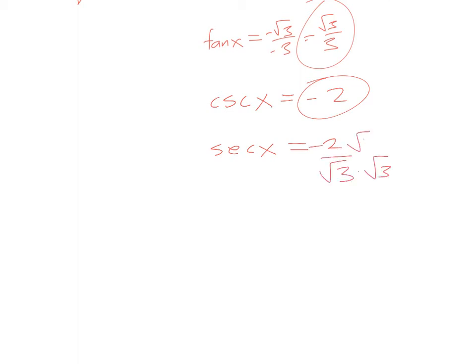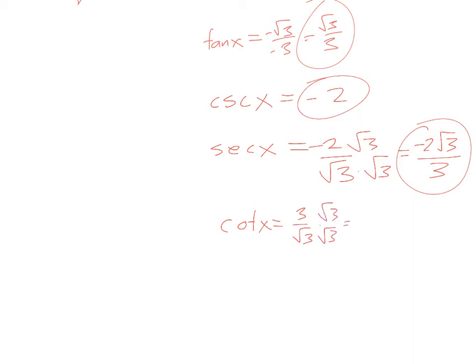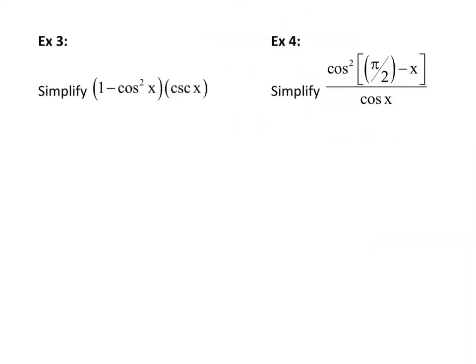So multiply top and bottom. I got negative 2 square root of 3 over 3. And then last one, cotangent, which is 3 over square root of 3. So rationalize. All right, so we have all 6 now. On to the next example.